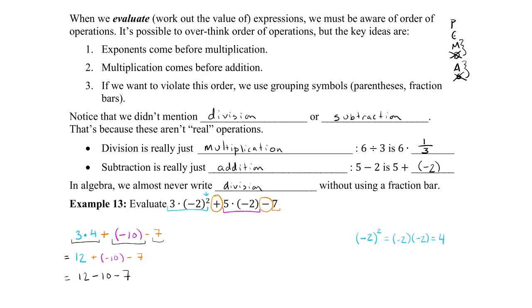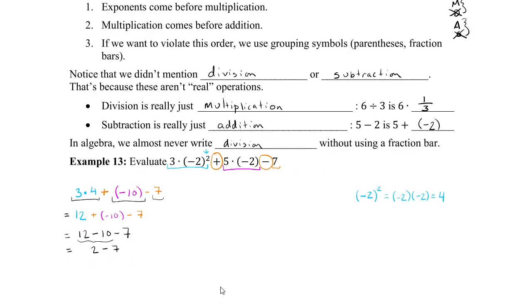And now we're going to proceed from left to right, because all that's left is addition, disguised as subtraction in this case. So we've got 12 minus 10 is 2. And finally, we have 2 minus 7. Smaller minus bigger, go the other way around, but then make it negative. So 2 minus 7 is 5, make it negative. We get -5. That's how we would do that by hand.